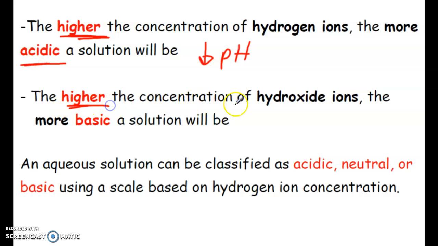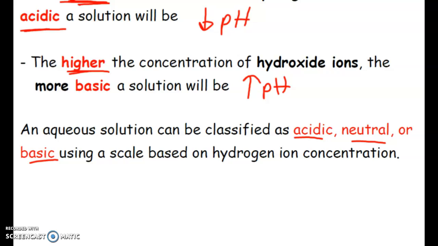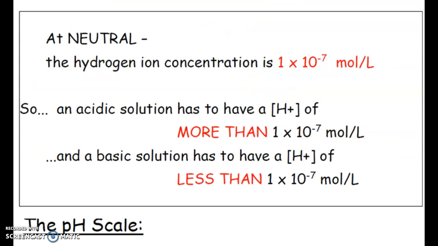The higher the concentration of hydroxide ions, the more basic a solution will be and the higher the pH number will go. So we can classify an aqueous solution as one of three categories, acidic, neutral, or basic, based on its hydrogen ion concentration.